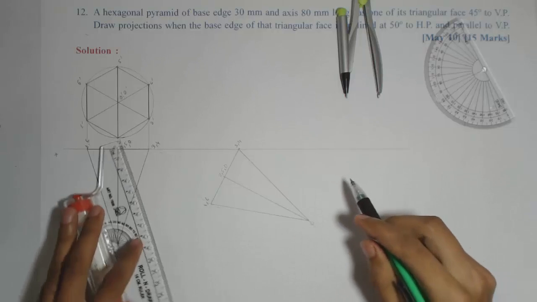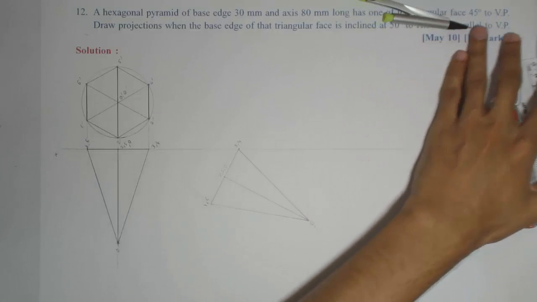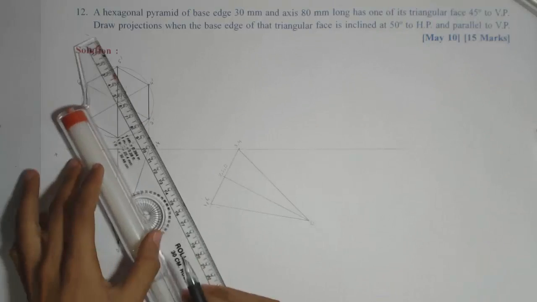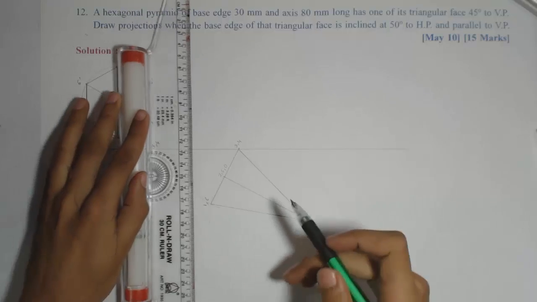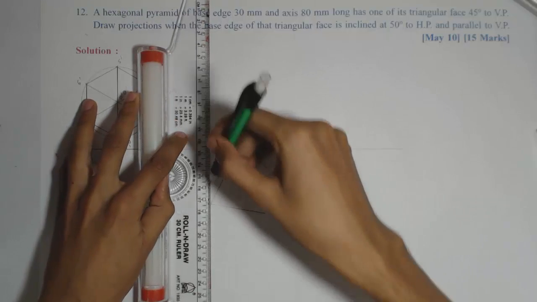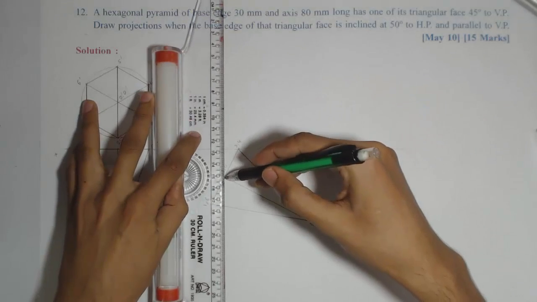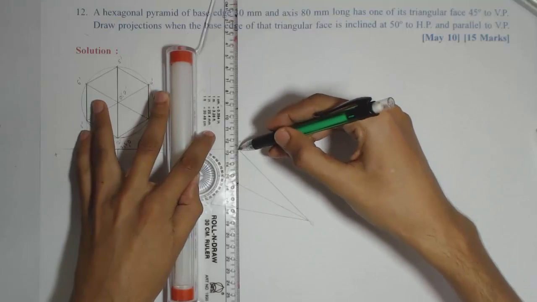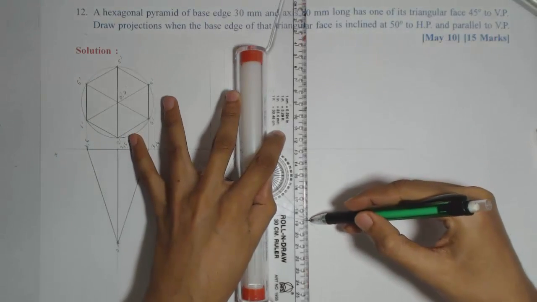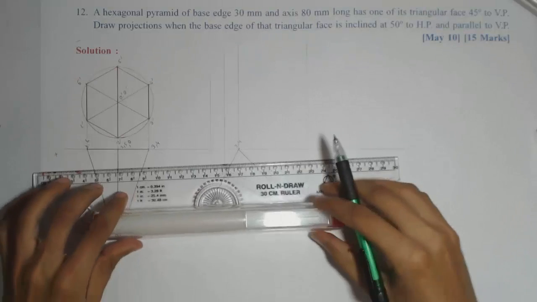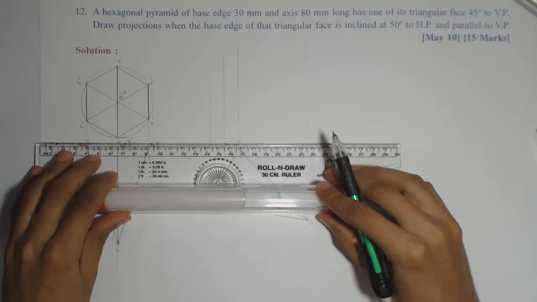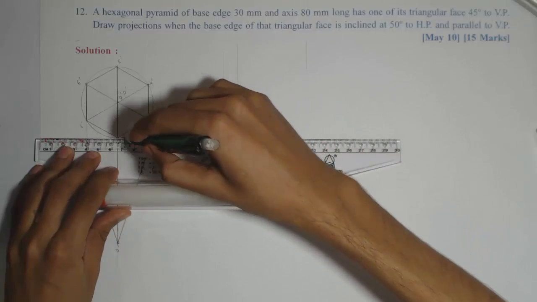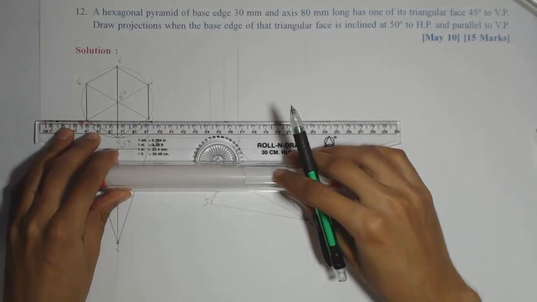Now we'll complete the corresponding front view by dropping the projectors. 1 6 first, 2 5 O, then 3 4, then apex O. I will produce the corresponding projectors from the front view. 2, then 1 dash 3 dash will coincide.